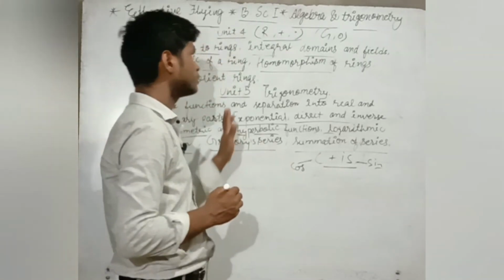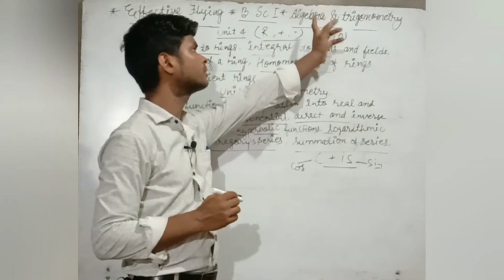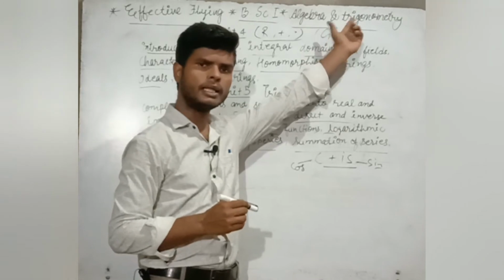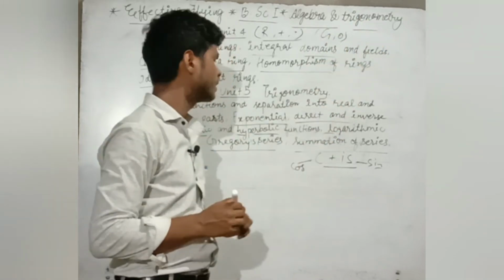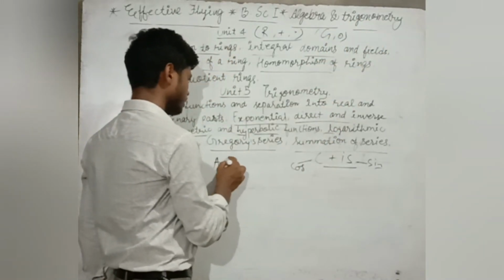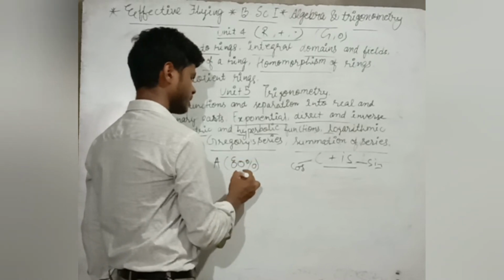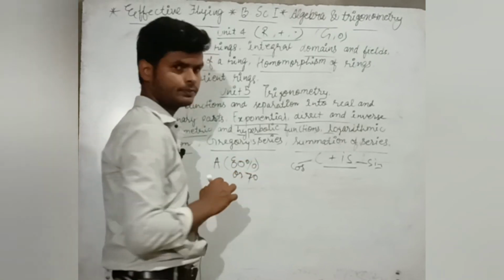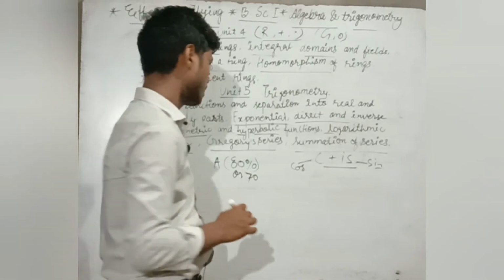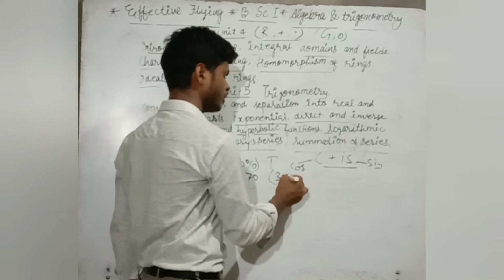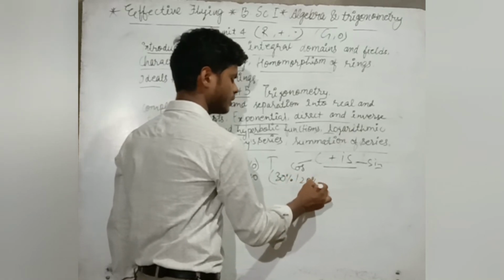In this syllabus, only 2 parts are given, algebra and trigonometry. In algebra, we will discuss 80% or 70% of the syllabus, and in trigonometry we will discuss only 30% or 20% of the whole syllabus.